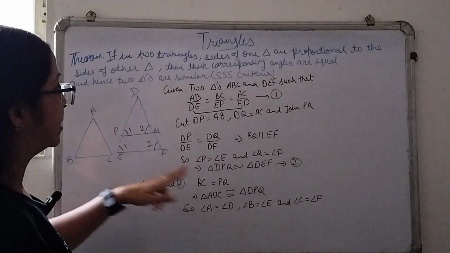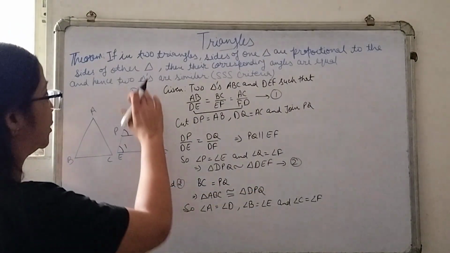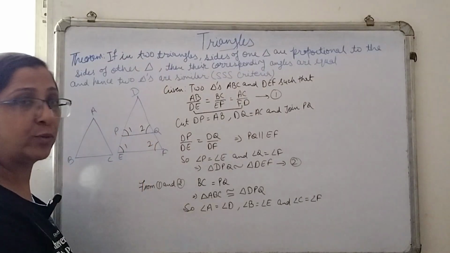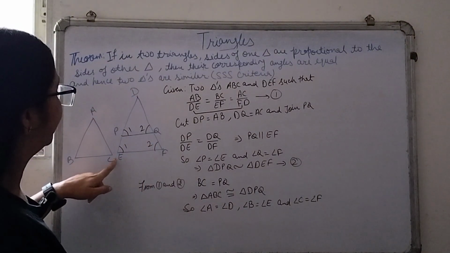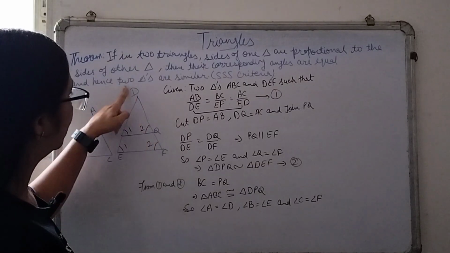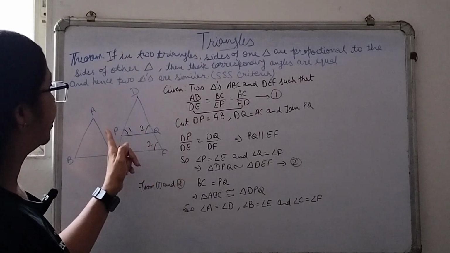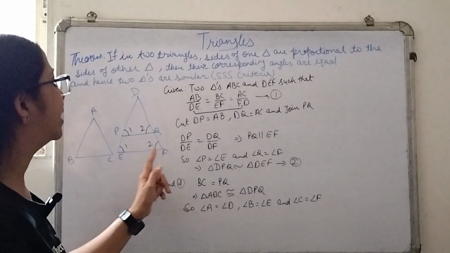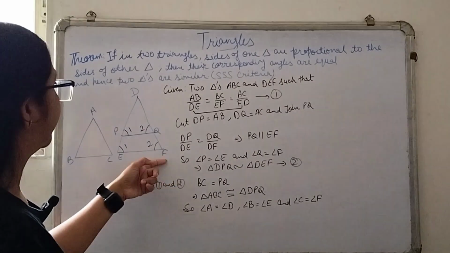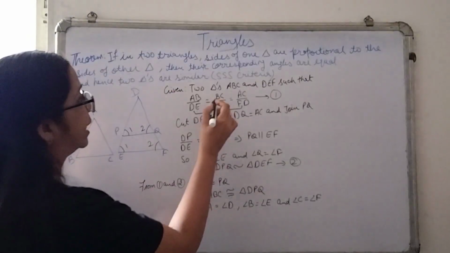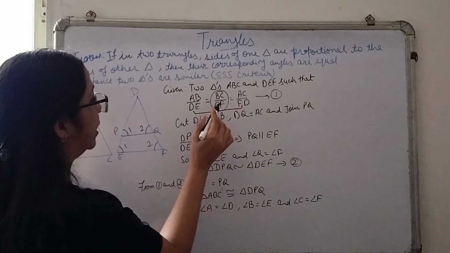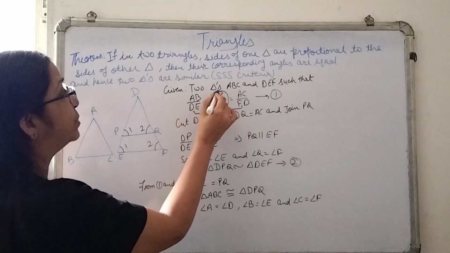If these two triangles are similar, we can say the ratio of the sides will even be equal. That means DP over DE will be equivalent to DQ over DF will be equivalent to PQ over EF. Right? Now if these are true, then from here, EF is here and BC is there.